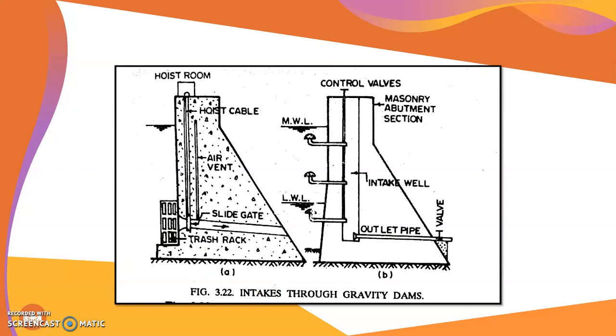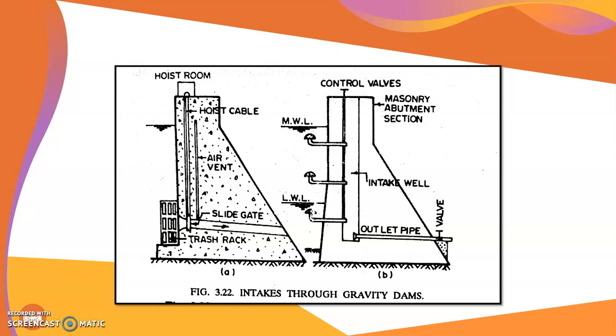This figure shows the intake through the gravity dam. As we are aware, a gravity dam is a solid dam in the body of which generally some sort of openings are provided for inspection. So in such a case the intake through gravity dams is also provided, and those are controlled and operated through the body of the dam or from the top of the dam.